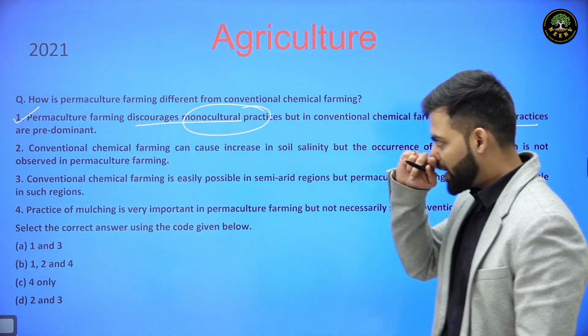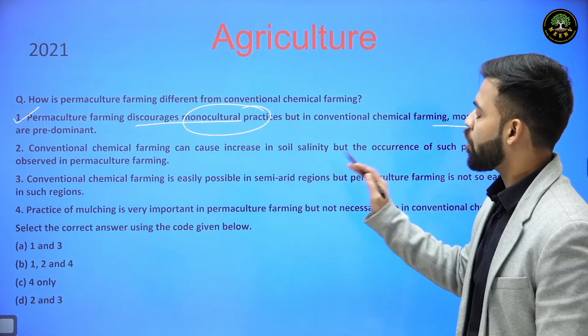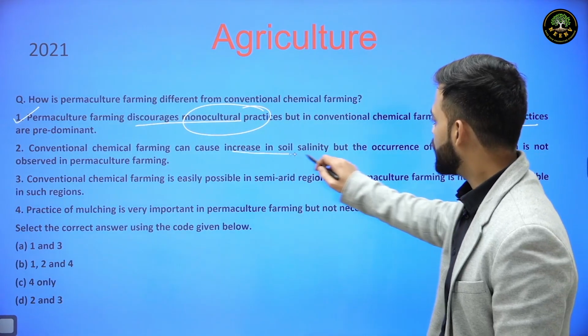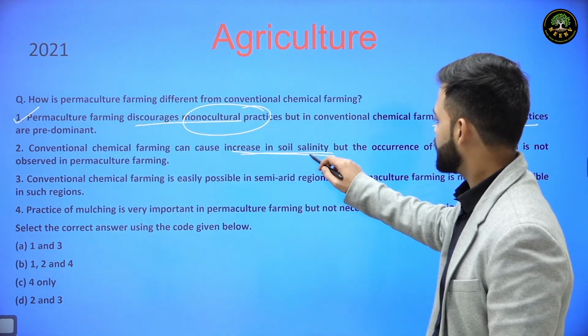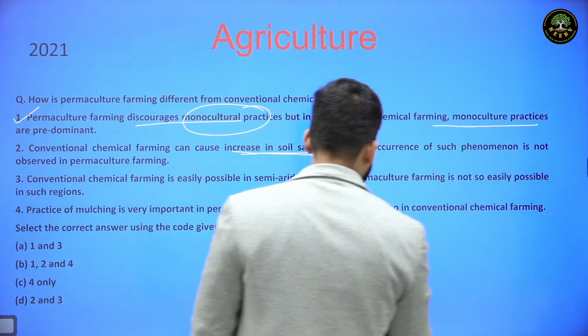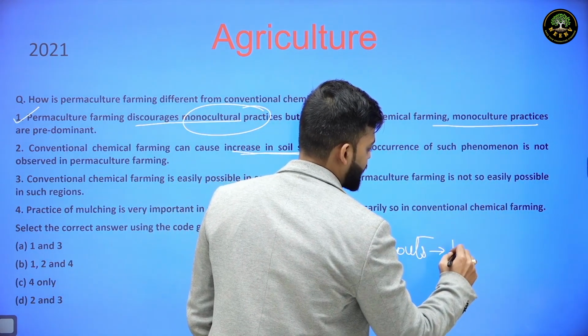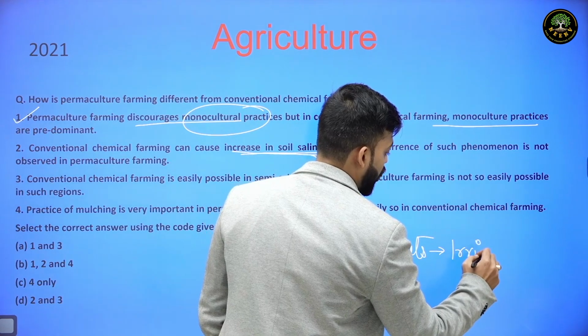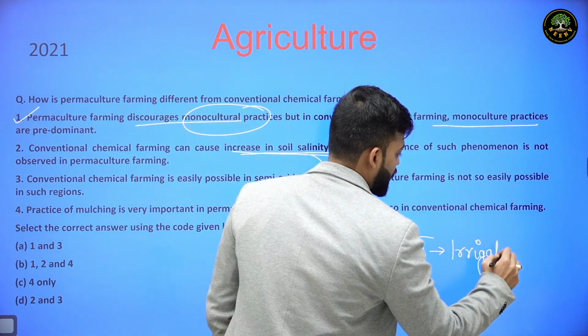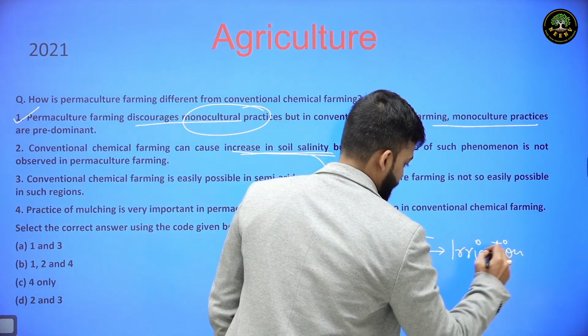Second statement, conventional chemical farming can cause increase in soil salinity. What happens as far as inputs are concerned? We have already seen that we provide herbicide, fertilizer, pesticide. Along with that, we provide irrigation.